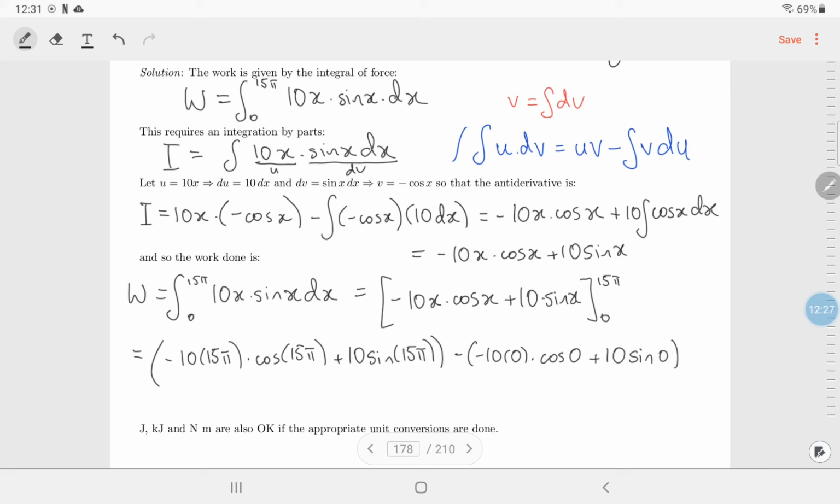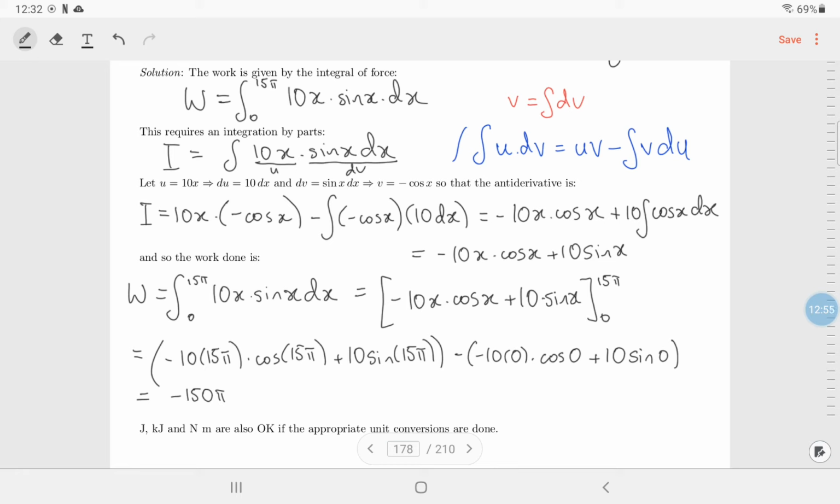Okay, and now you can go into the calculator if you want with this, but it's possible to do a little bit better. So the minus 10 by the 15 pi is minus 150 pi. Now 15 pi is 14 pi plus 1 pi. Now 14 pi, because 2 pi is a full revolution, is 7 revolutions plus half a revolution. So this is actually cos of pi. It's actually cos of 180 degrees.